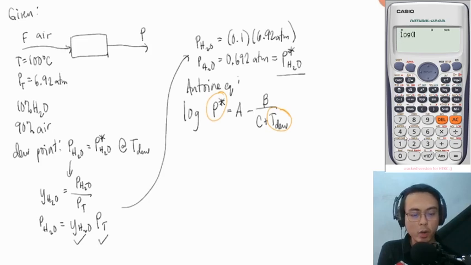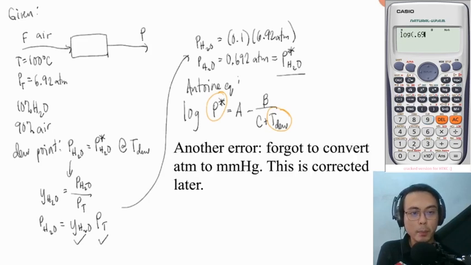So logarithm of 0.692 equals A, 8.07131. By the way, you don't have to memorize Antoine equation constants, no? You will always have access to those constants, even when you are in your other major subjects.